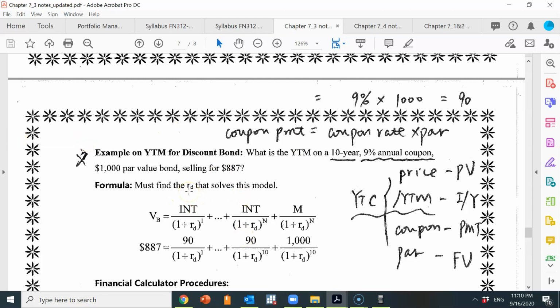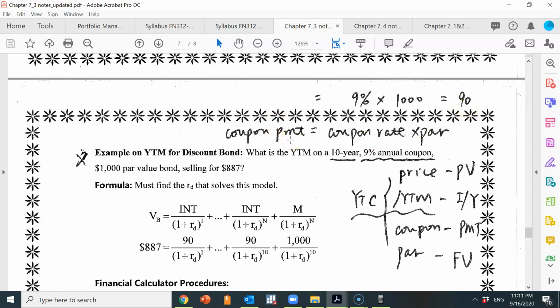Okay, we try to solve for R. We know if we discount all the coupon payments and also the final par value using this yield to maturity, or interest rate, or cost of debt, or RD, we would get the value of the bond as 887. Okay, so we first calculate coupon payments. If we use this coupon rate 9% multiplied by the par value 1,000, we would have $90 as our coupon payment.